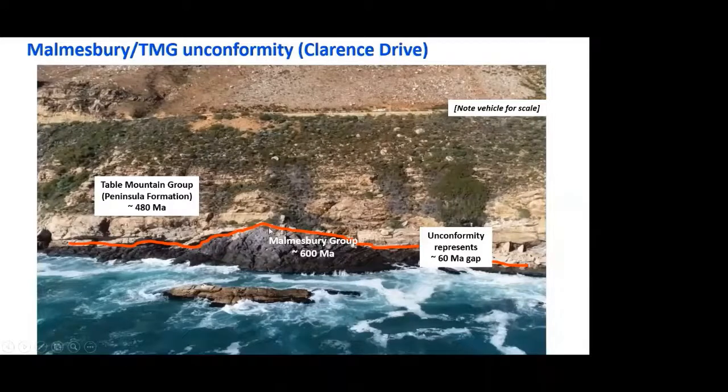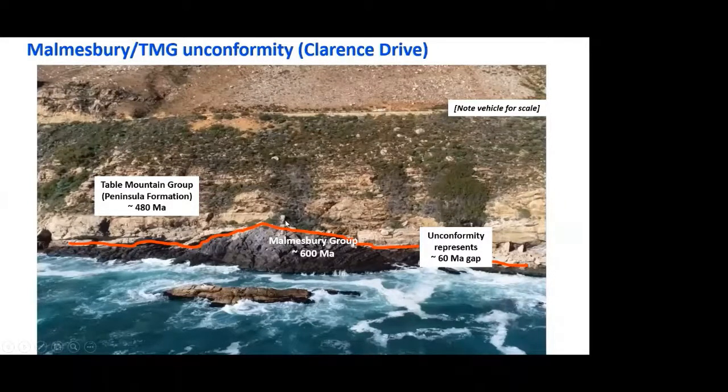And this outcrop is not really visible from the road or from the beach, but we will be getting some more very good pictures of it. You can see here a car, so you can get some idea of the scale.